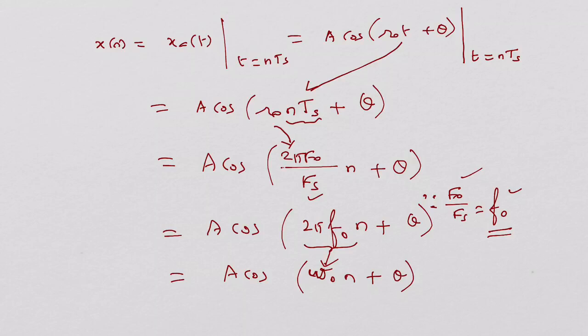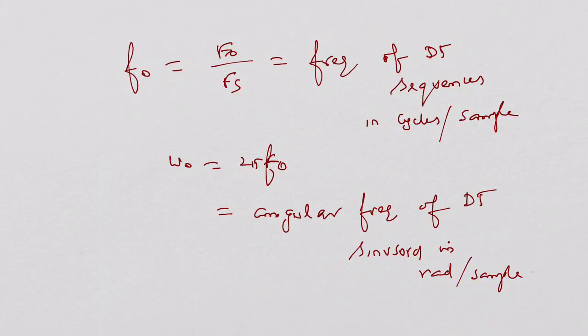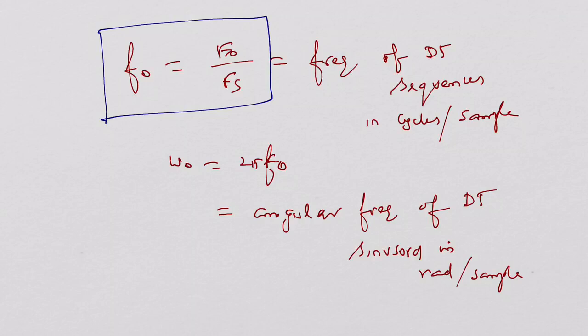So A cos omega naught t plus theta now becomes A cos omega naught n plus theta because of sampling, where f naught equal to capital F by Fs is called the frequency of discrete time sinusoid sequences. Cycles per sample is the unit.